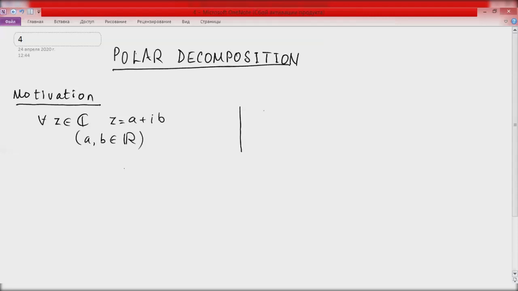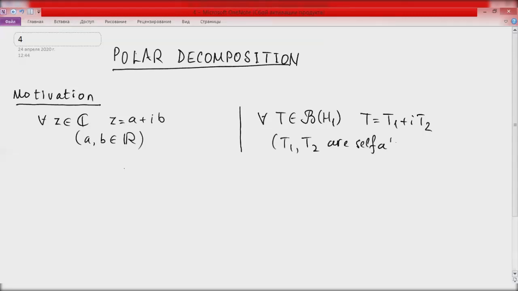Each linear operator T on the Hilbert space can be uniquely decomposed in the following way: T1 plus iT2, where T1 and T2 are self-adjoint. So this is the operator analog of the previous formula.